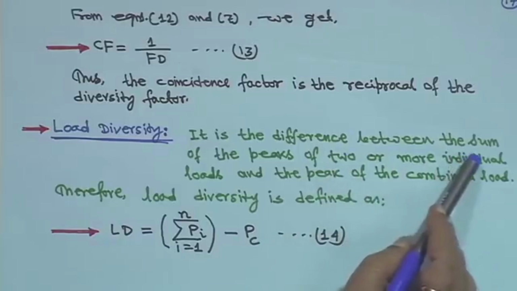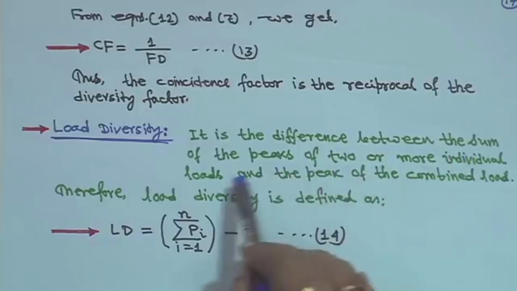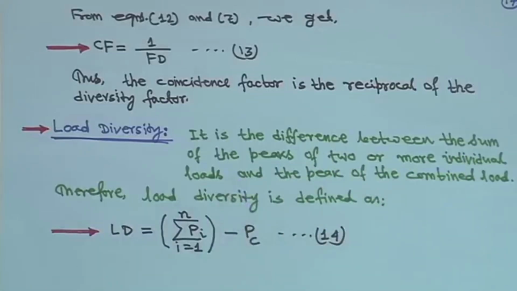Suppose you have three different types of loads; you add their peaks, sigma Pi, minus the peak of the combined load, that is Pc, which we have defined earlier. So that is your load diversity.